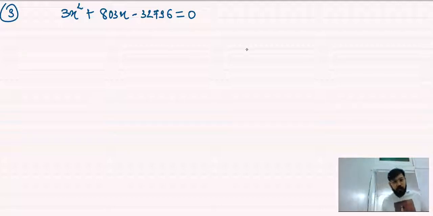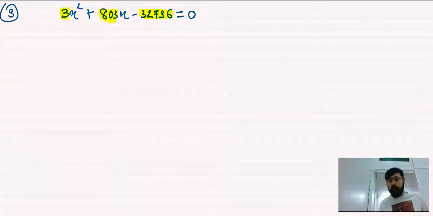Let's try this one. First of all, when I see numbers everywhere, in the term containing x square, in the term containing x, and in the constant term, what I ask myself is whether there is any way I can take out something common and make this equation a little smaller.